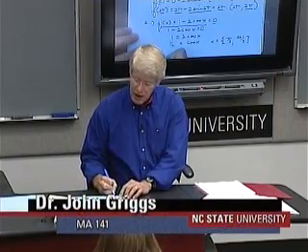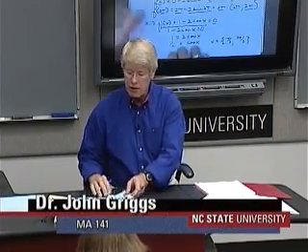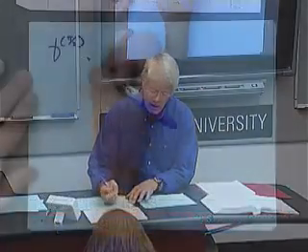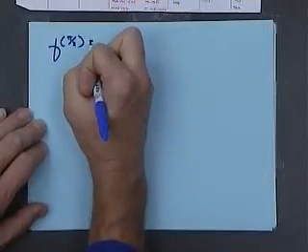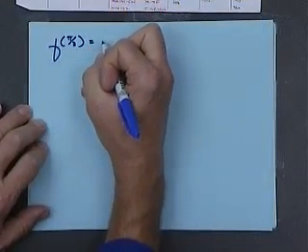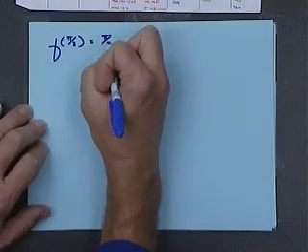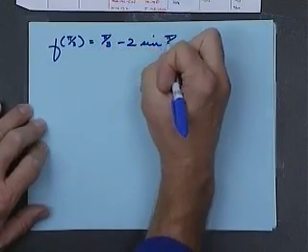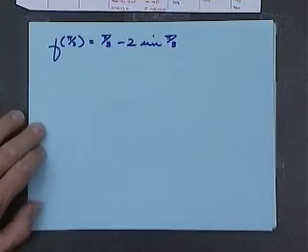So we need the f of pi over 3. We'll probably have to do a decimal approximation. So the function is x minus 2 sine of x. That'd be pi over 3 minus 2 sine of pi over 3.